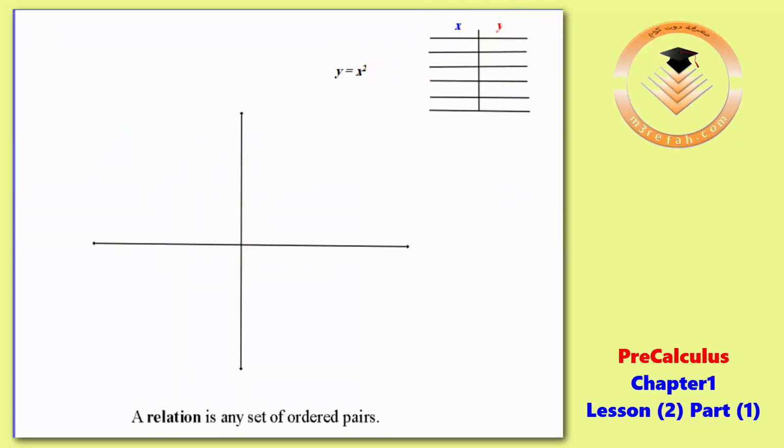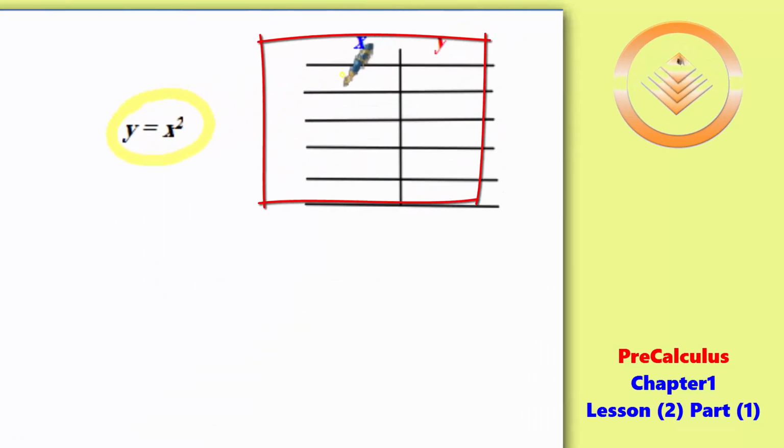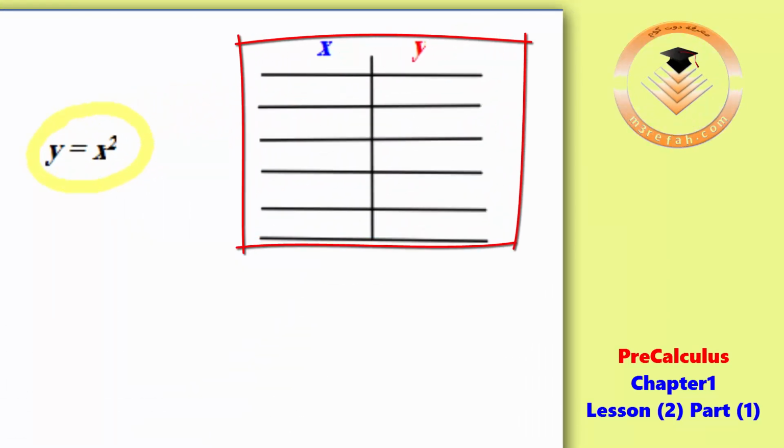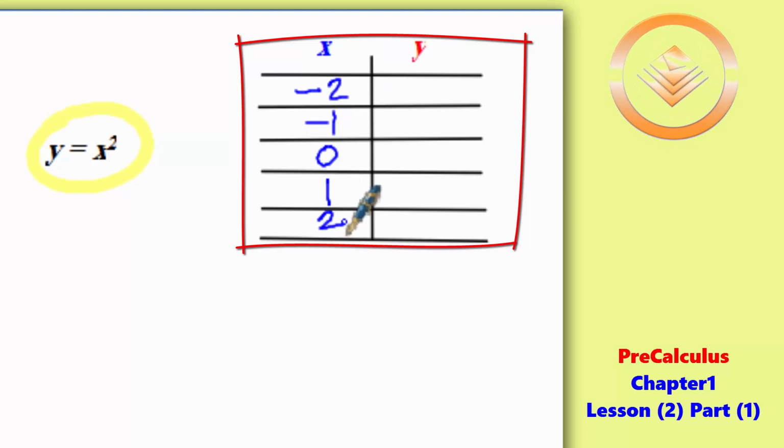Now this time, this is a second degree equation, a second degree because it has an exponent of 2 for x. Now let us use the same values for x and y. We have negative 2, negative 1, 0, 1, 2.